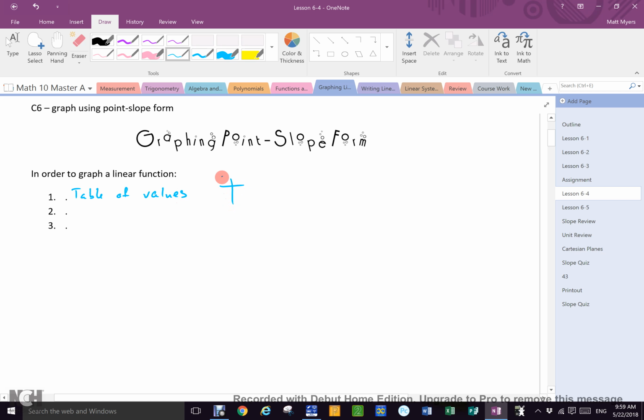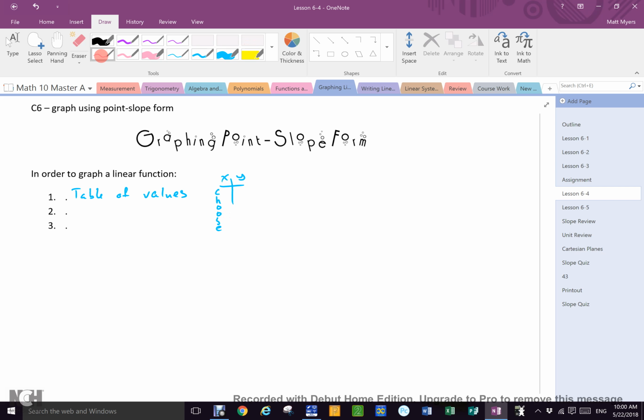You could go X, Y. Where would you put numbers in for you on the X or the Y side? Which is input? X. So you would choose numbers down the X side. You could do that, right? And then you would get some X and Y's. You could put them on a graph.